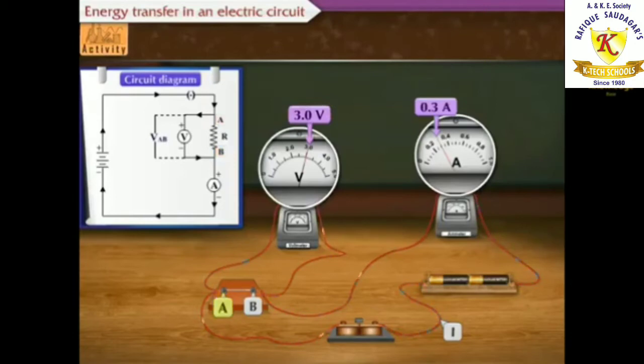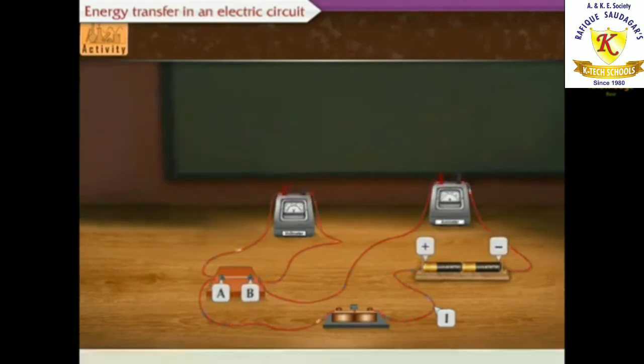The potential at A is higher than the potential at B, as the point A is connected to the positive electrode of the cell and point B is connected to the negative electrode of the cell.